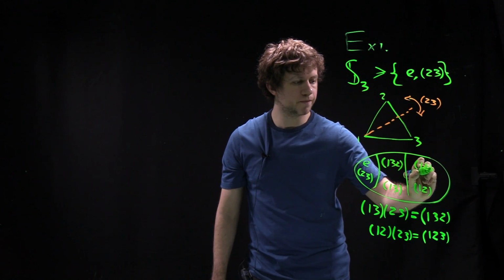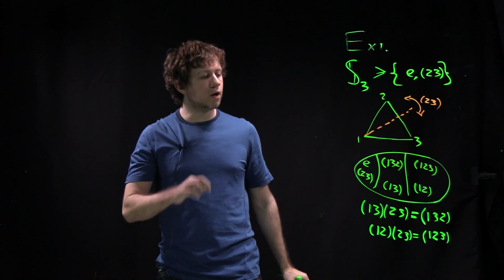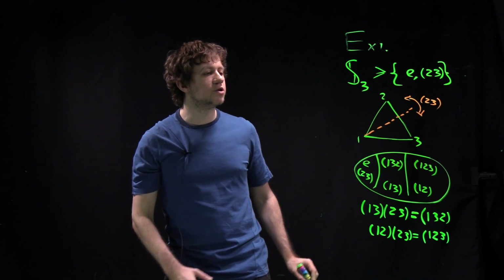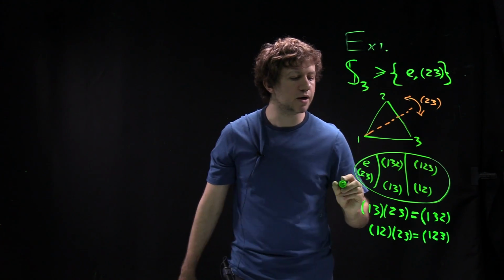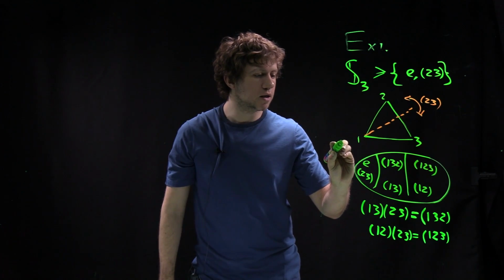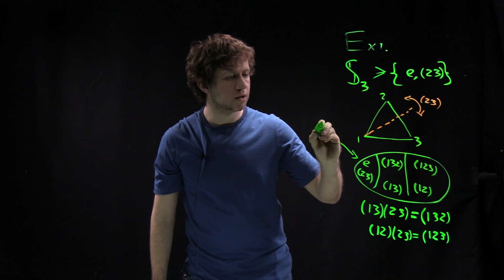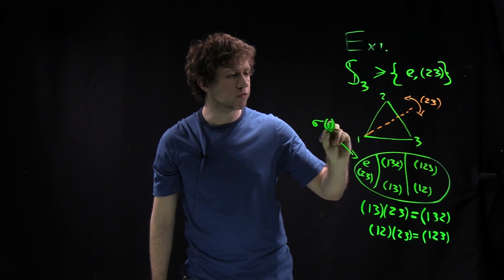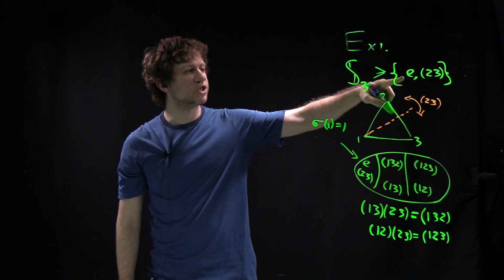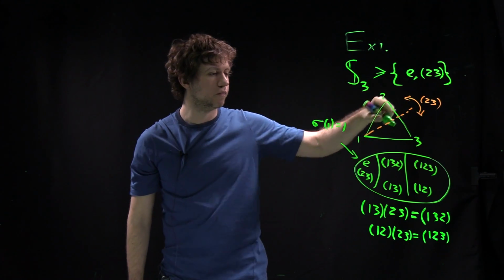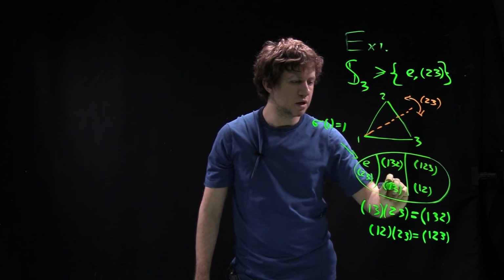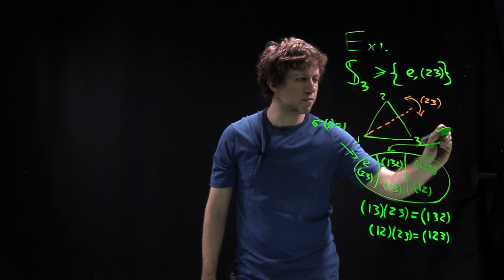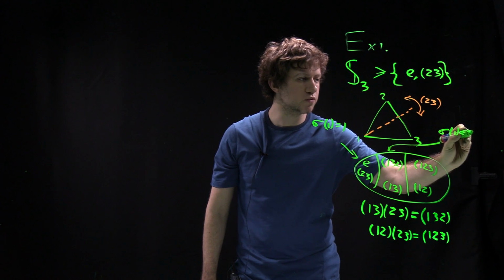Okay, and actually there is a very nice interpretation of what these cosets are. These are permutations with sigma of 1 equals 1. If you have a permutation which sends 1 to 1, it will be one of those two. These two permutations are permutations which send 1 to 3, so sigma of 1 equals 3.